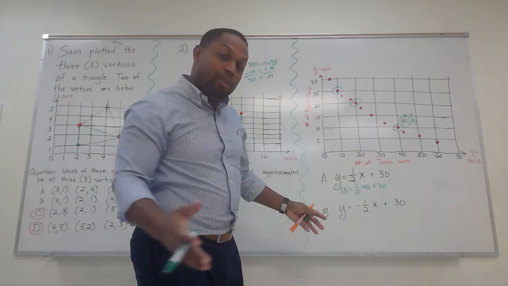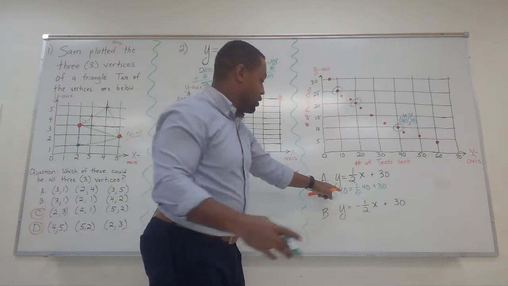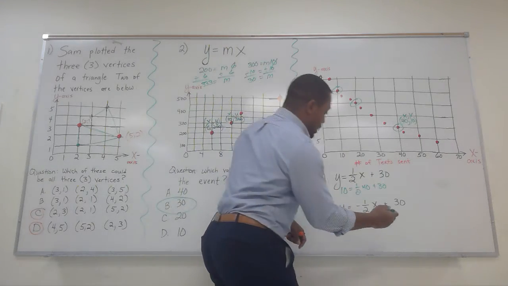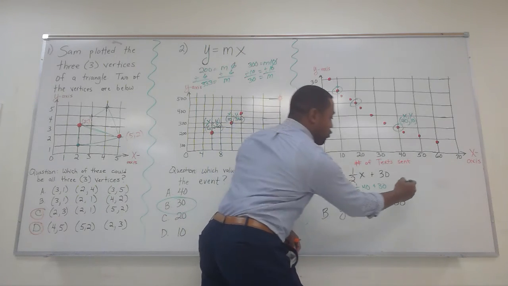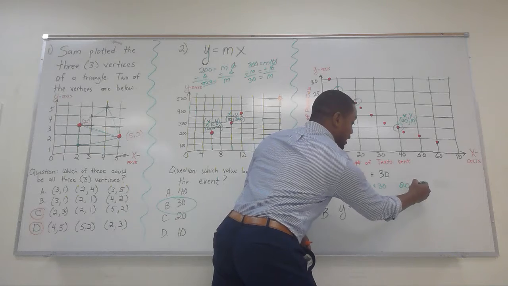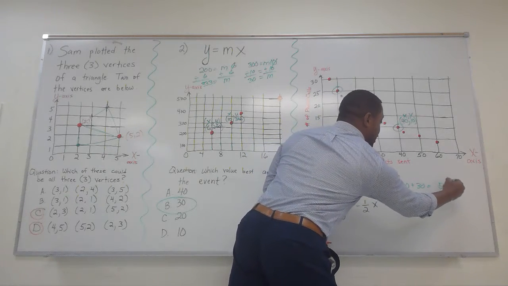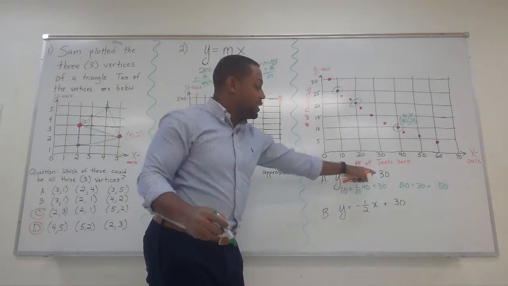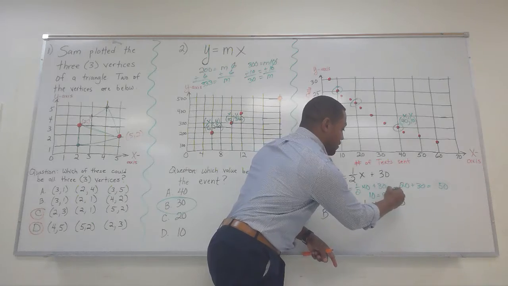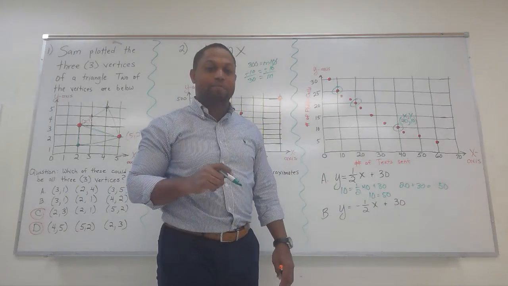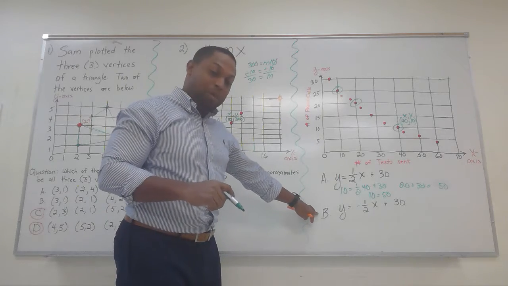What I need to do now is work this out and see if it's telling me a true statement. So 10 is the answer. 1/2 of 40 is 20 plus 30. Well, that equals 50. So this is not telling the truth because 10 is not 50. So it must be B.